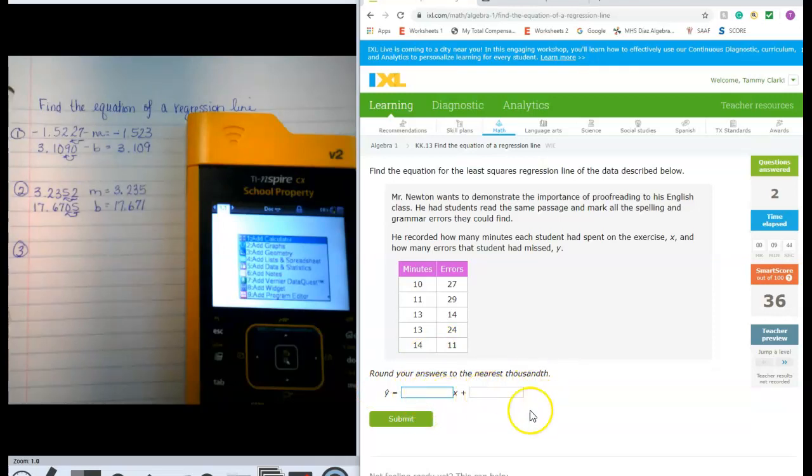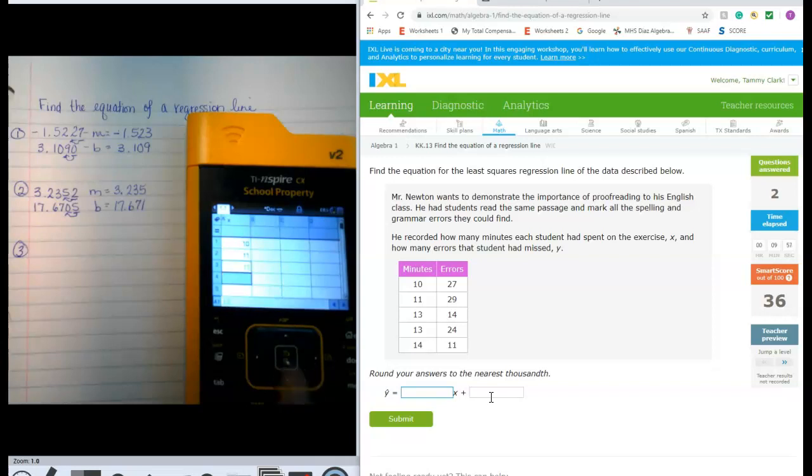This is the slope, this is the y-intercept. Let's go ahead and put our data in. So go to List in Spreadsheets. I'm going to do the X column first. Put in our data. Put Y in the second column.